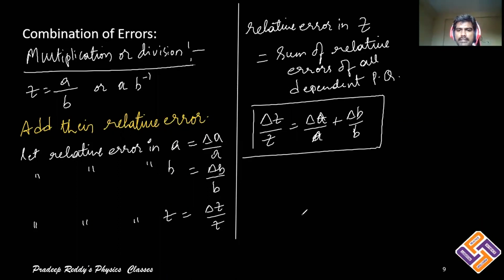I'll give you one simple example here. Let me take a physical quantity Z is equal to A square B divided by C. Okay.